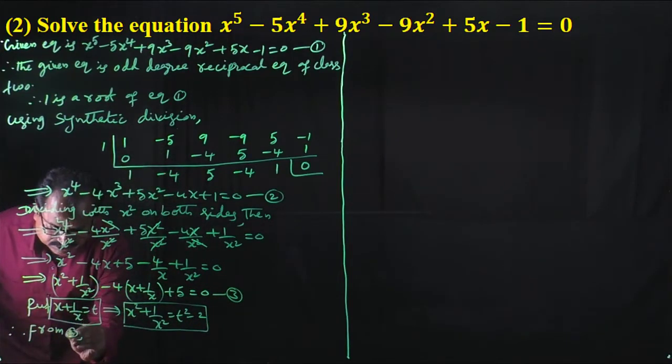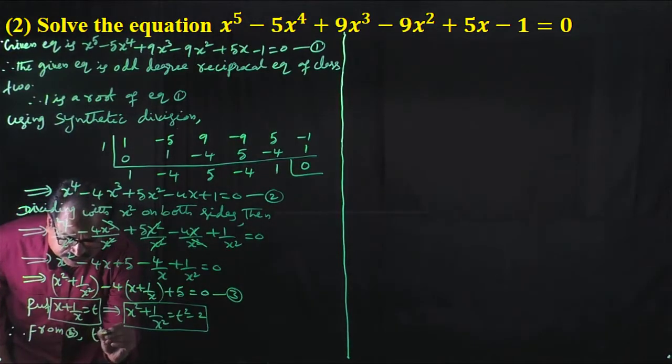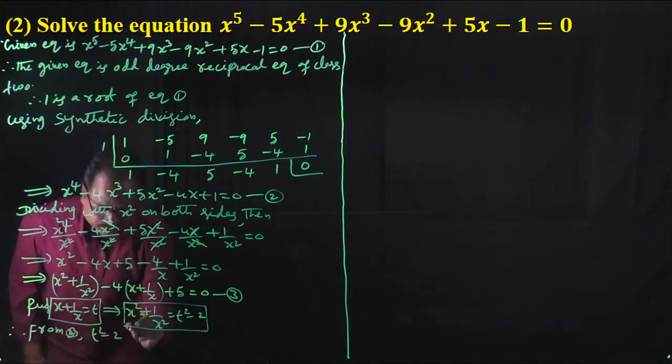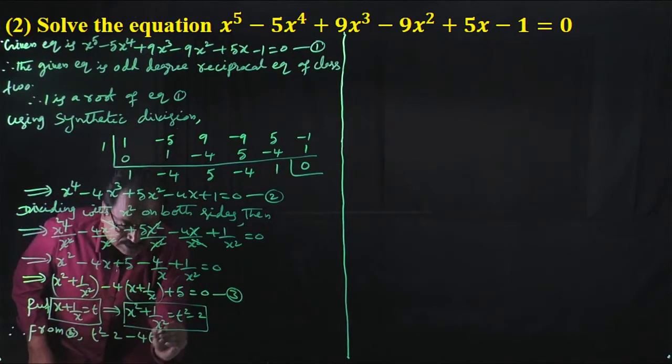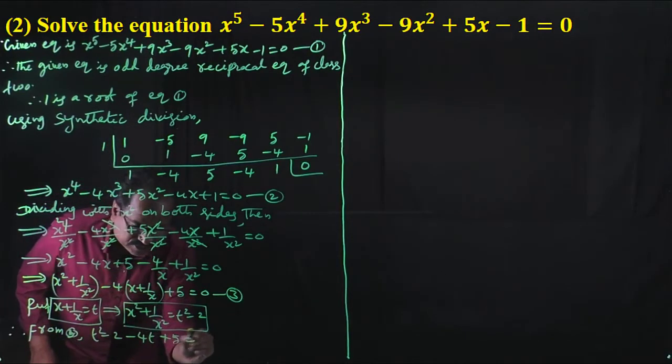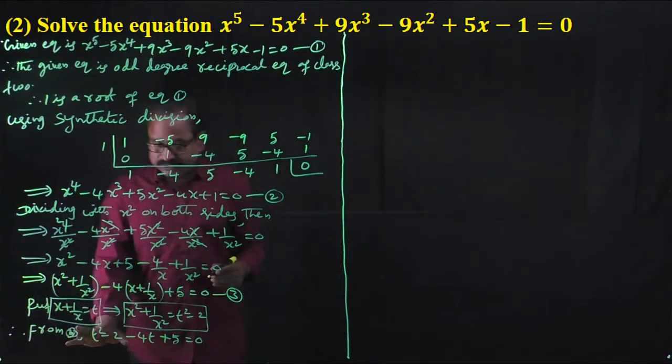From equation 3, x square plus 1 by x square is t square minus 2, minus 4 into x plus 1 by x is t, plus 5 is equal to 0.